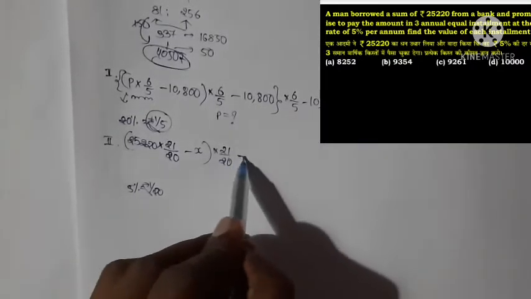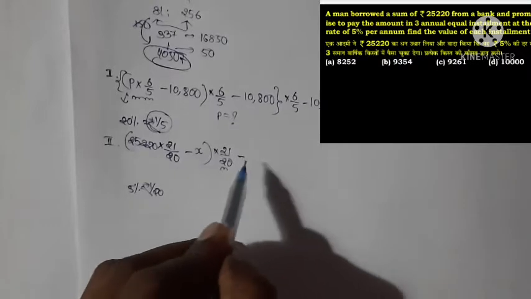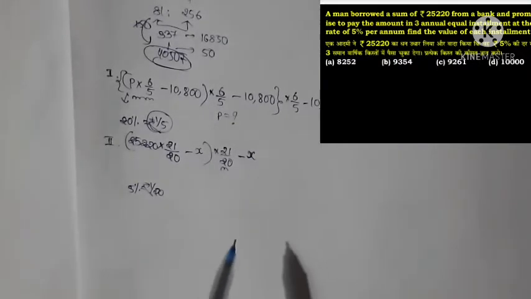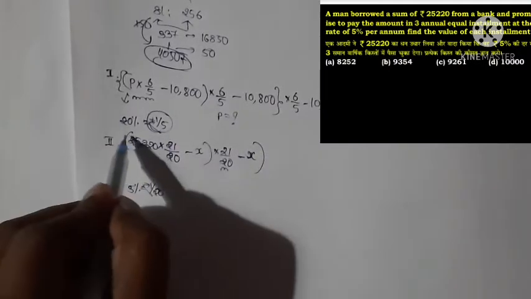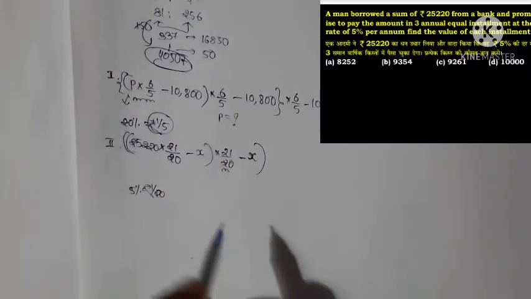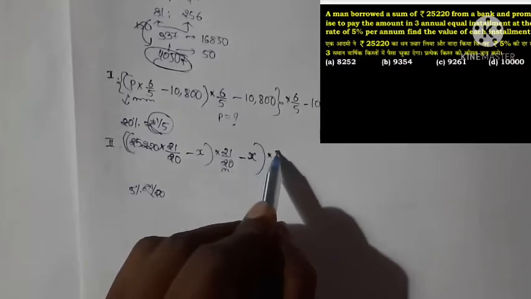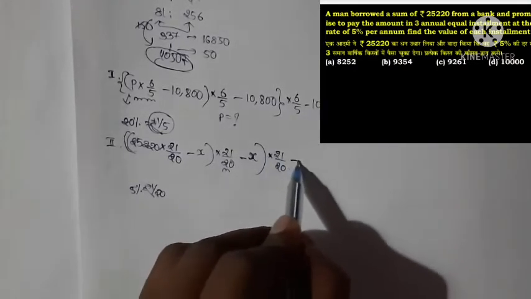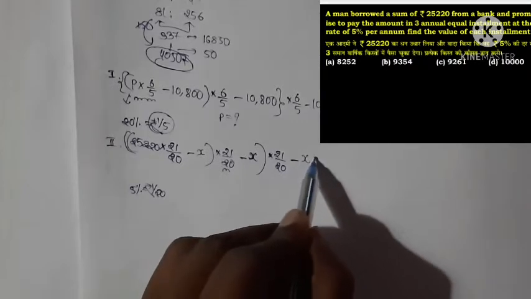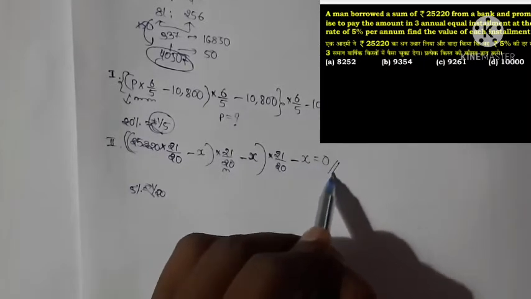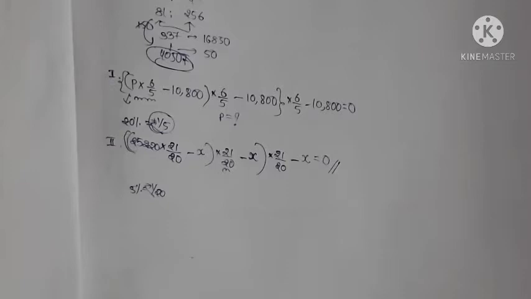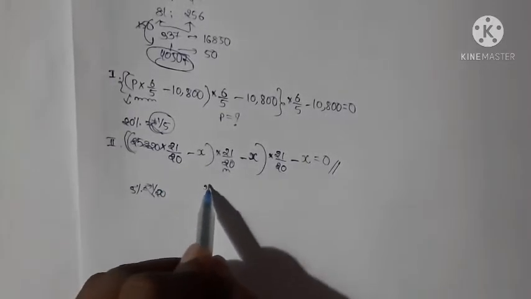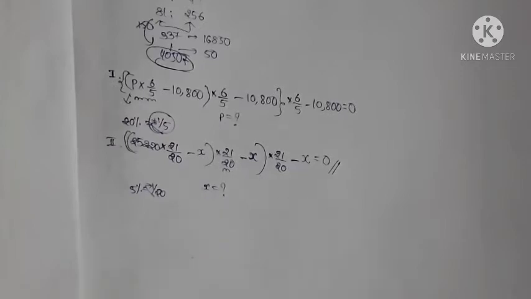After the rate of interest, the equal installment is X. Then once again the rate of interest is 5%, 21 by 20, and pay the equal installment X. The amount is completed, equal to 0. So solve this equation, then we will get the value of X.